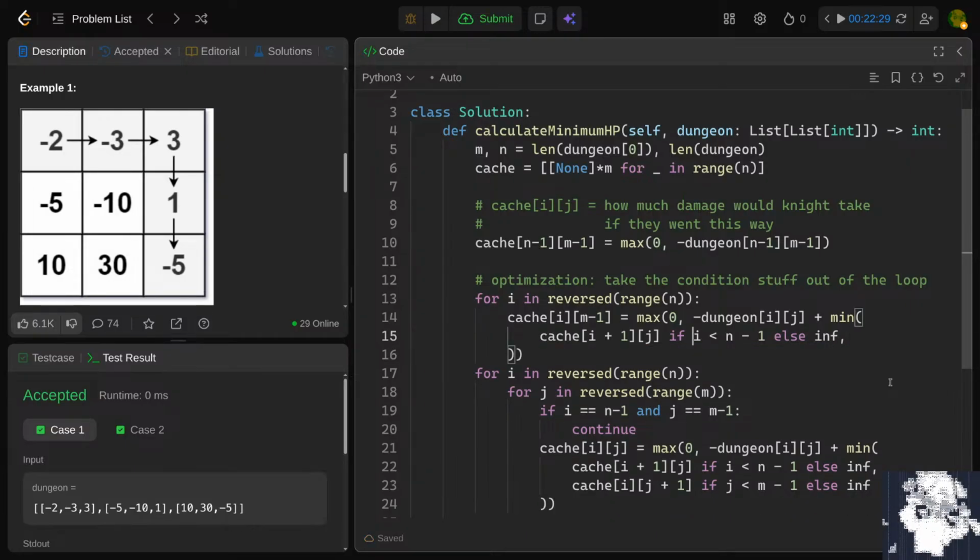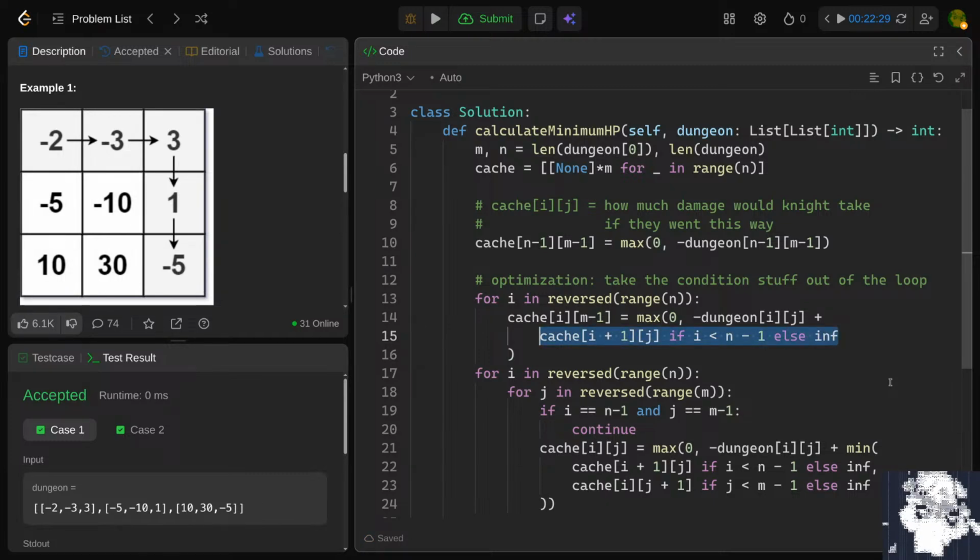So you can remove the min and just say plus this thing.